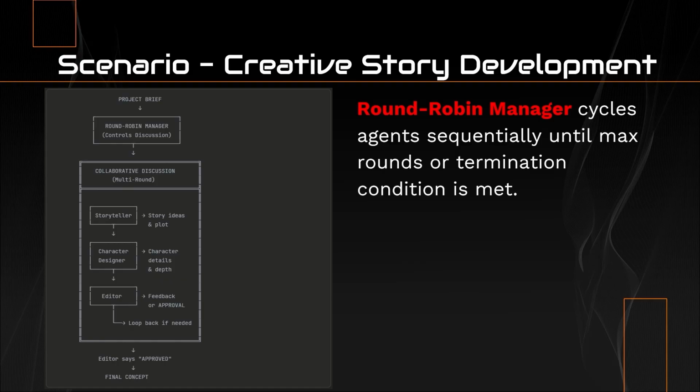In this orchestration, consider I want to have a story, any kind of story, just a title, a project brief. And then I have a round-robin manager. This manager cycles agents sequentially until max round or termination condition is met.